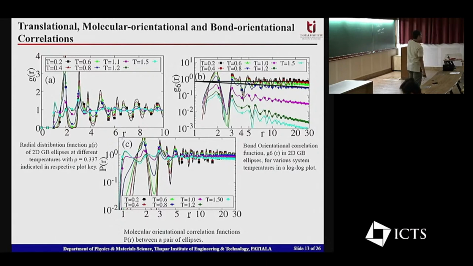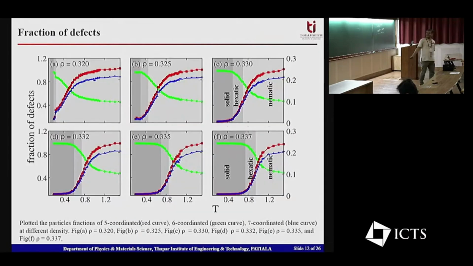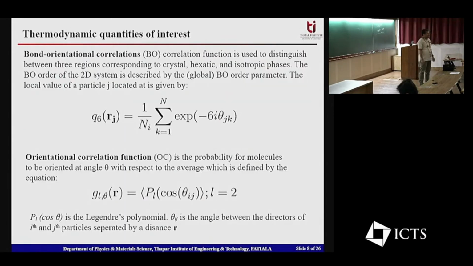So it would be like this. If it is horizontal, it's solid. If it is like this, then it is hexatic. If it goes down like that, it's a liquid. If you want, I can show you this expression in more detail, why that happens.